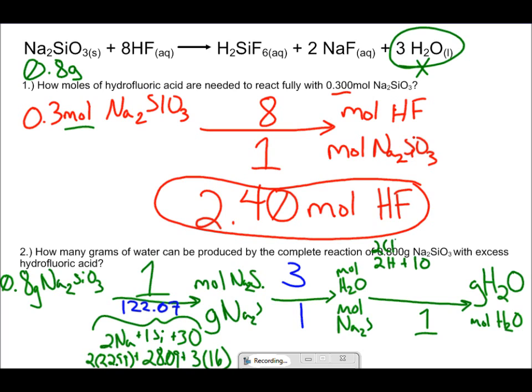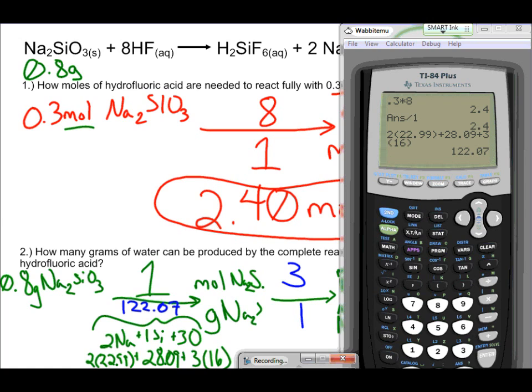Hydrogen is 1, oxygen is 16. 2 times 1 is 2, plus 16, 18 grams per mole. So again, I pull up my calculator now, and I do 0.8 divided by the molar mass I just typed in.